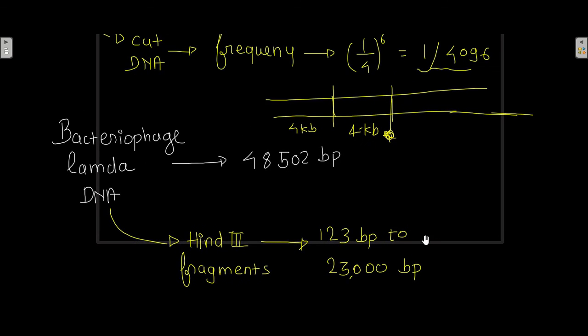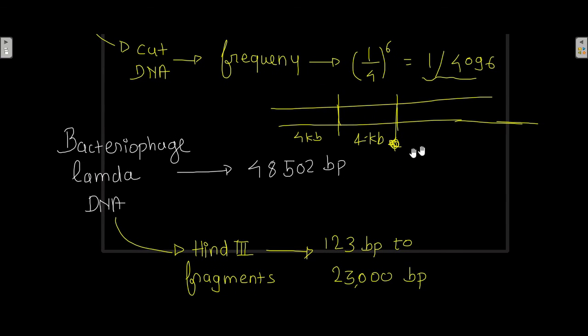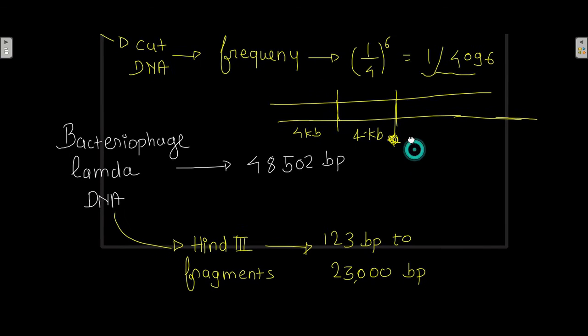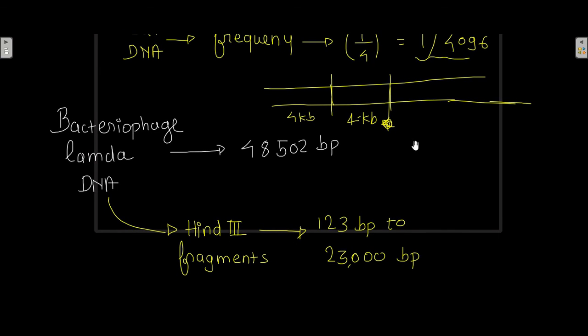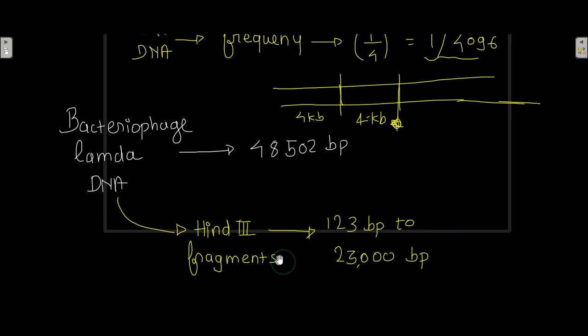On the basis of the estimation, only 4 kb fragments should have been generated, but in actual practice the fragments varied in length from 123 to 23,000 base pairs. So that is how it works in practice. Okay, so that's all for this discussion.